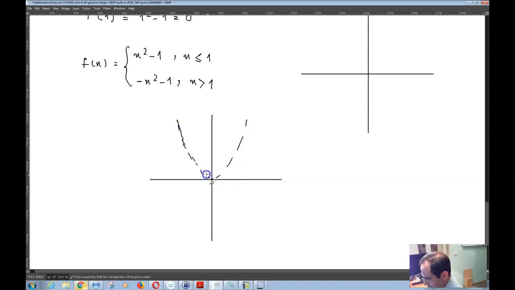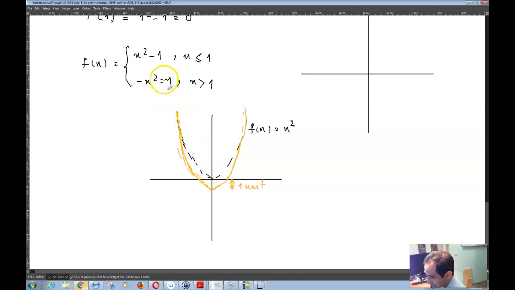You already know this. Now if you have f of x is equal to x squared minus 1, it's going to be a parabola whose vertex is shifted down by 1 unit. This is 1 unit. The vertex is shifted down by 1 unit, to negative 1.